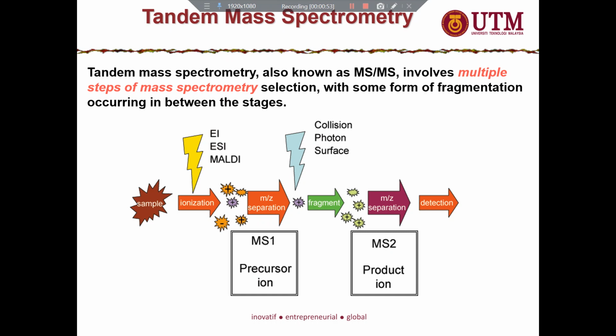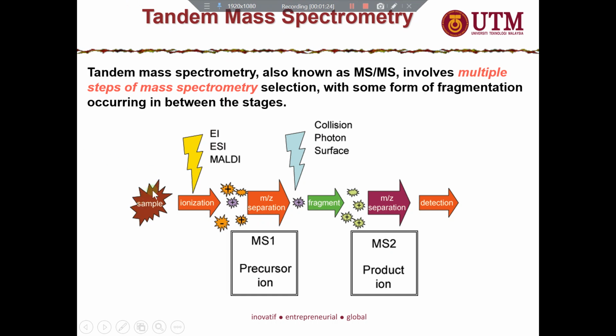Okay, from the parent ion, you will send it to the second step of ionization and also a mass analyzer for finding their daughter ions, or we call them the product ions. Of course, the product ion is also called the daughter ion.